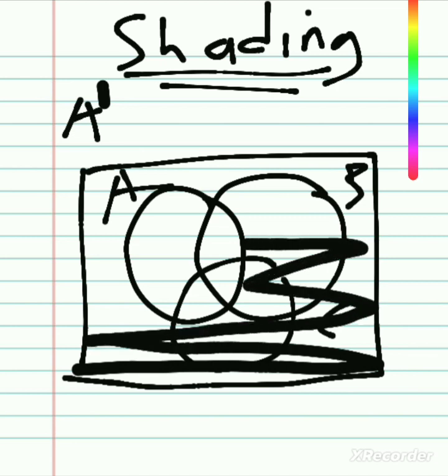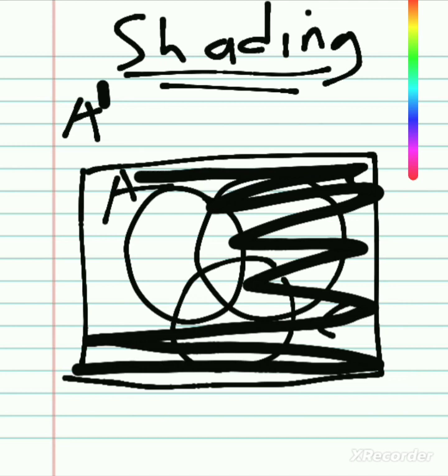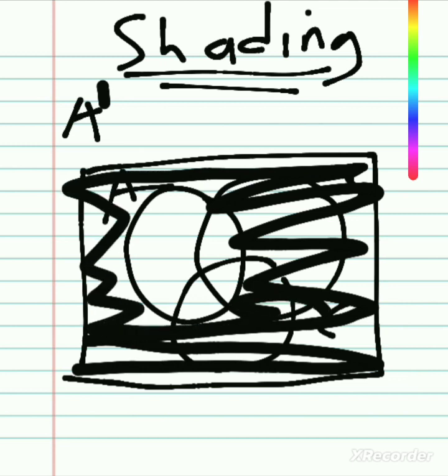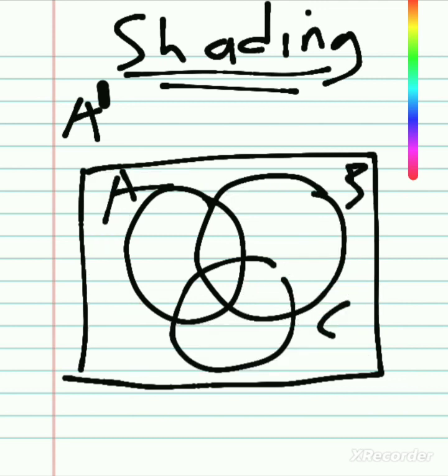So this is A complement, everything outside the A. So these are simple. If it's B or C, it is the same.